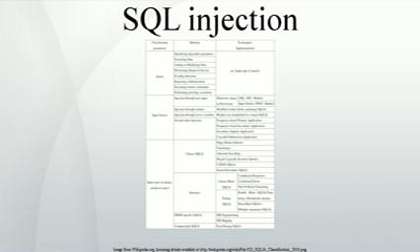A hacker can load the URLs http://books.example.com/showreview.php?id=5 and 1=1 and http://books.example.com/showreview.php?id=5 and 1=2, which may result in queries, respectively.